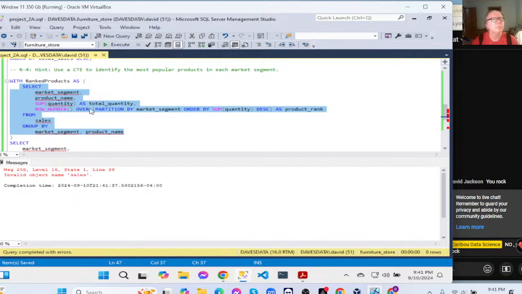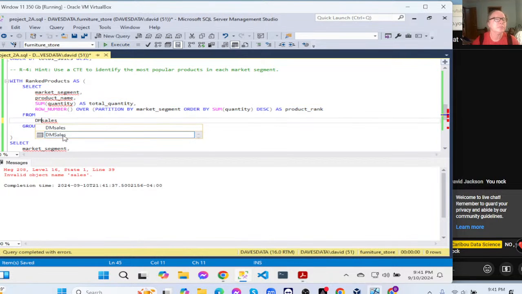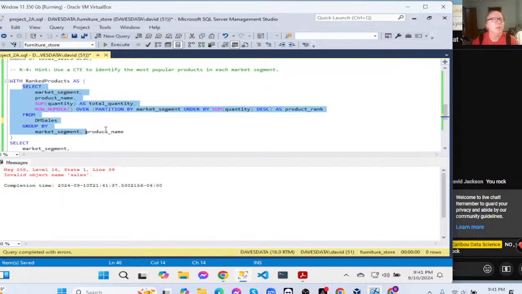Hint, use CTE to identify. Okay. Now what we can do is we can run this query here first, see what it returns.